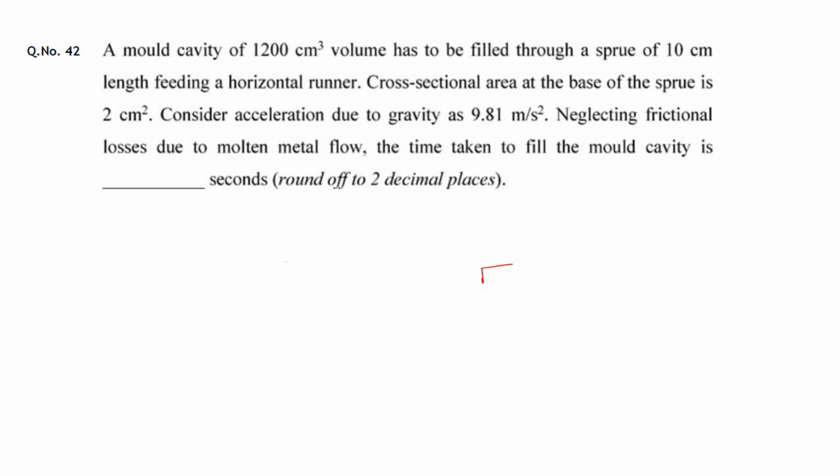Suppose this is the mold. I'm considering a simple structure of the mold, and this is the runner, right? And suppose this is the sprue, and the height of this sprue is 10 cm, and the bottom area is 2 cm square, right?